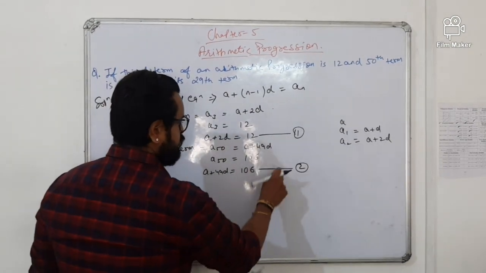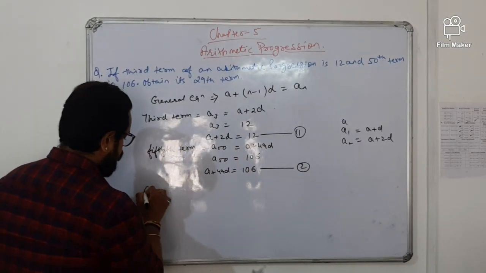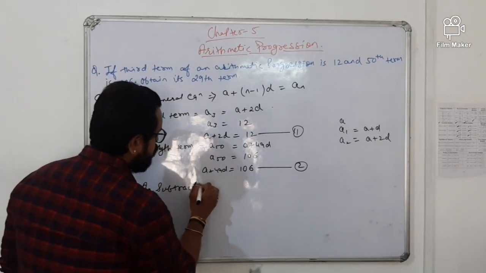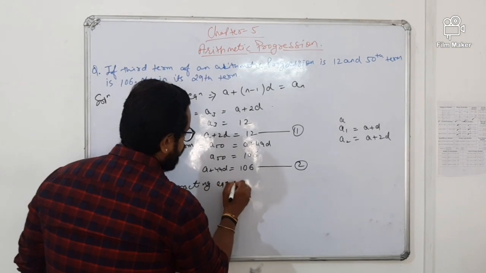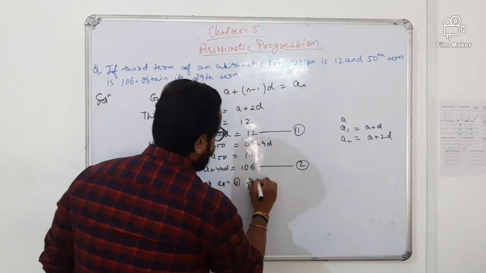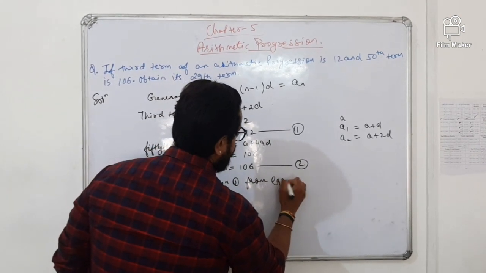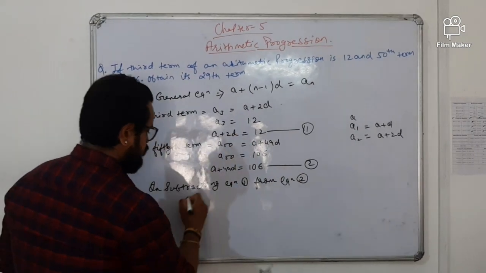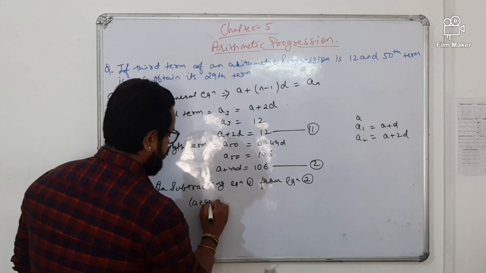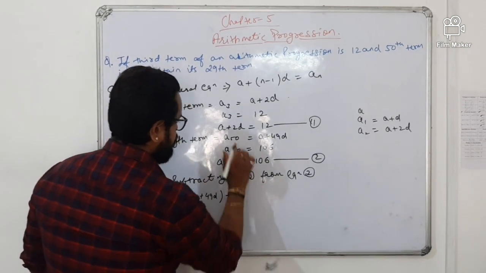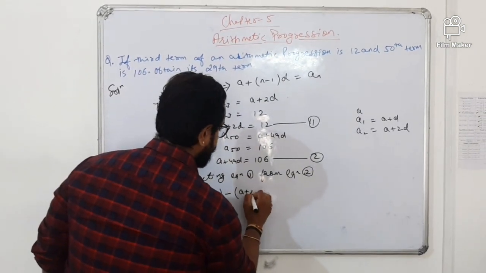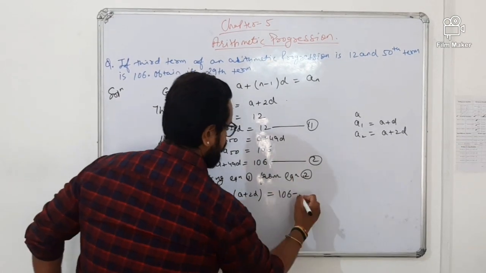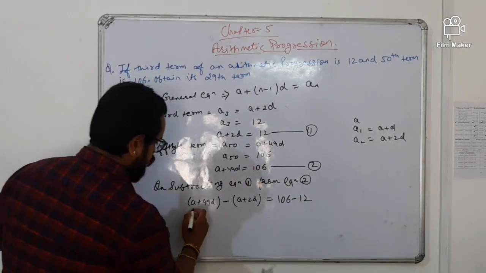Now we will solve these two equations by subtracting equation first from equation second. So let's write A plus 49D minus A plus 2D, and 106 minus 12. Open it.